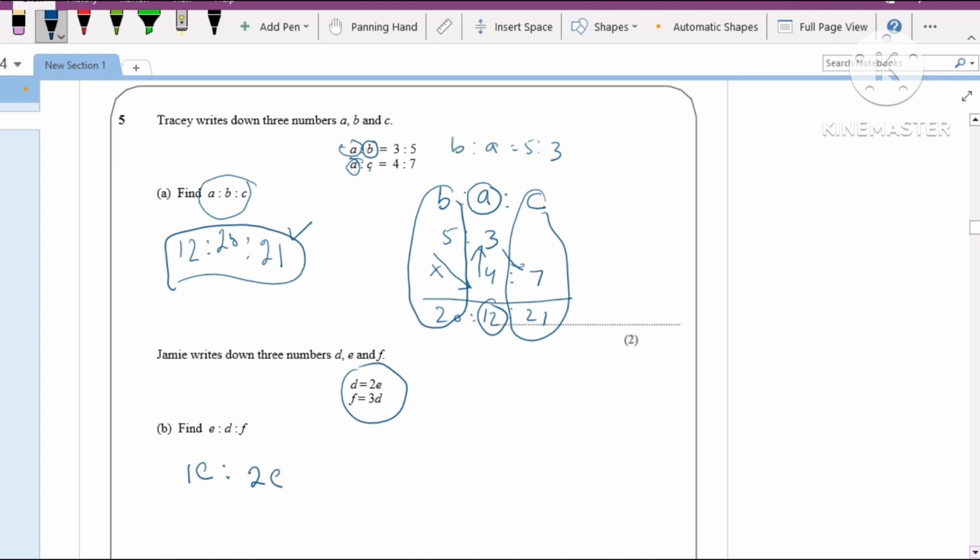F is 3 times D, and D is 2E, so F is 6E. E is common between all, so you don't need to write E. So you will write 1 ratio 2 ratio 6. So this is question number 5 from the ratio.